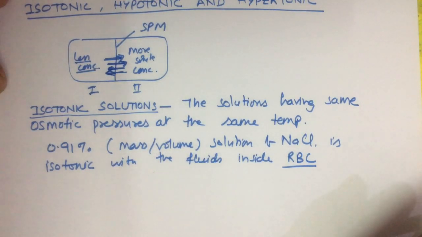Therefore medicines are mixed in 0.91% saline before they are injected in the veins.